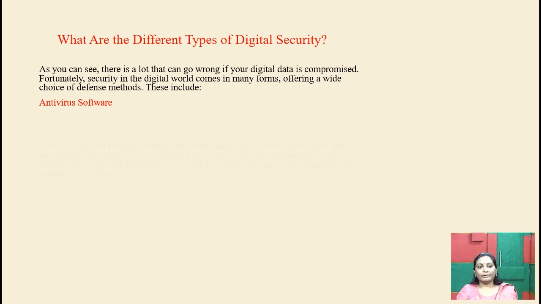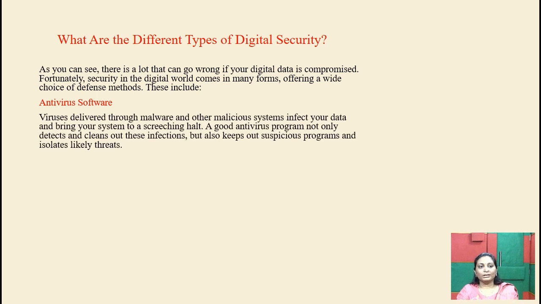First, we use antivirus software. Viruses delivered through malware and other malicious systems infect your data and bring your system to a screeching halt. A good antivirus program not only detects and cleans out these infections but also keeps out suspicious programs and isolates likely threats.